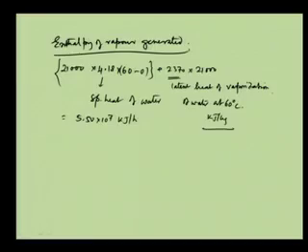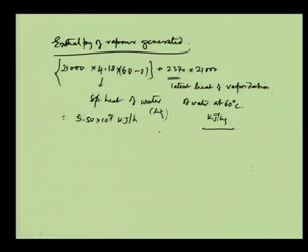So, this is the sensible heat present with the liquid water with respect to 0 degree centigrade, and then this is the latent heat. These two add up and give the vapor.